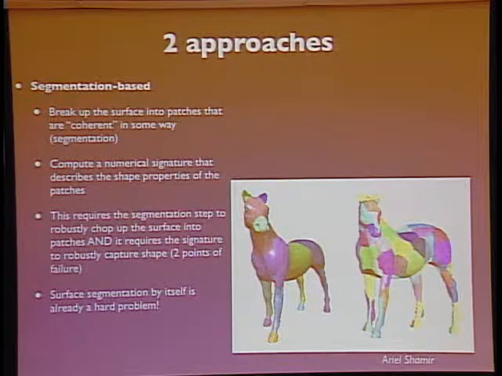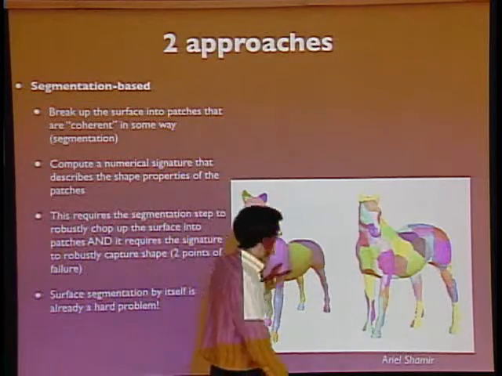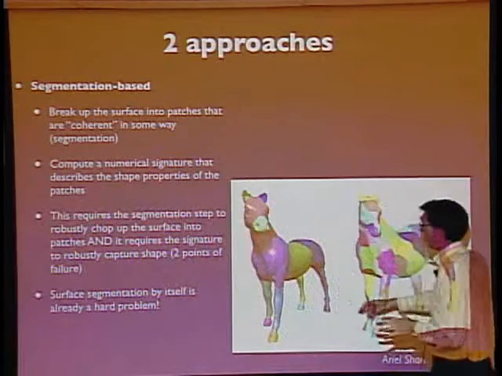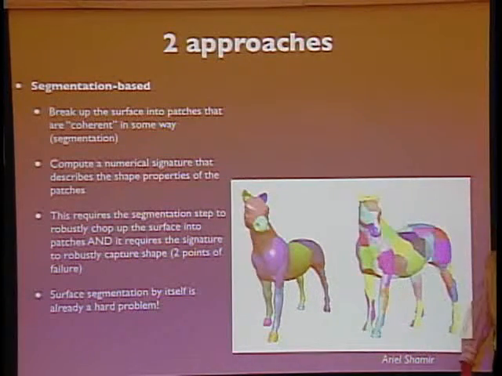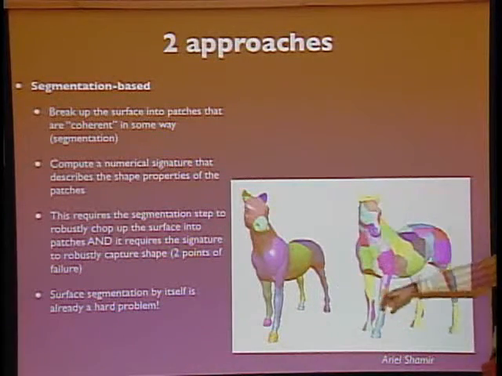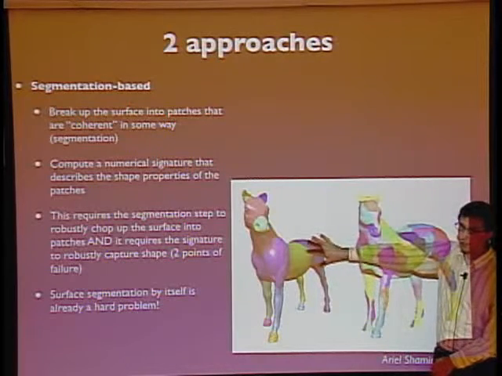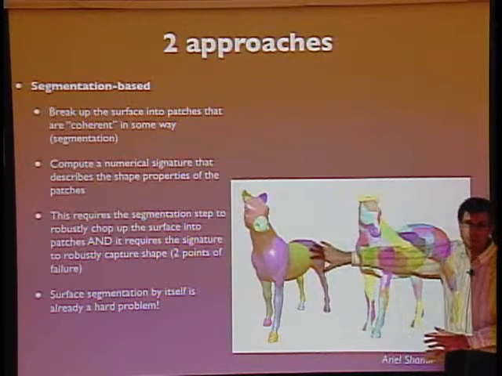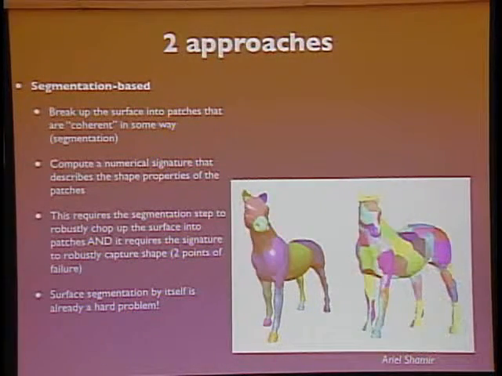Now we have those two things, because if it turns out that you break your object model up into this many segments, and then when you image the horse in the scene, you break it up into this many segments, then you have a serious problem.